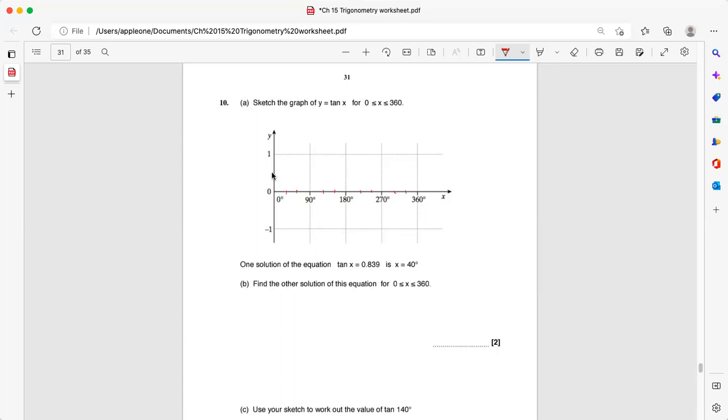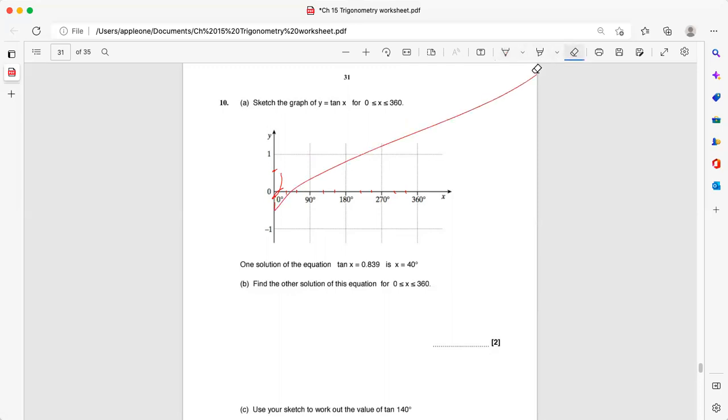Look, what is 0.5? 0.5 is somewhere here.